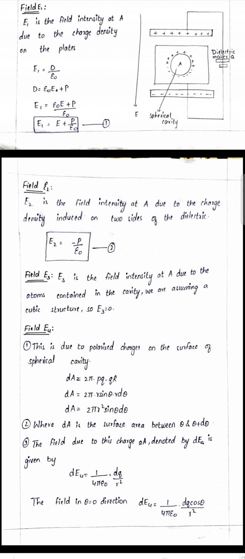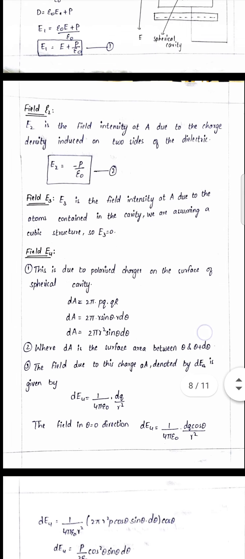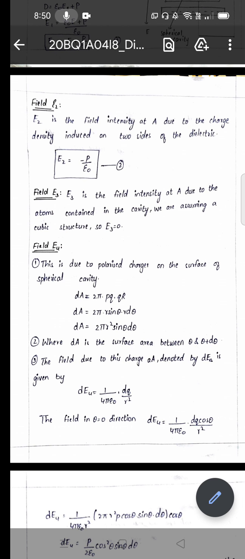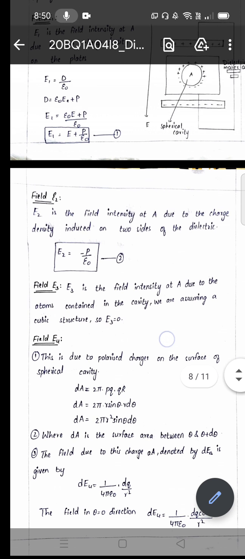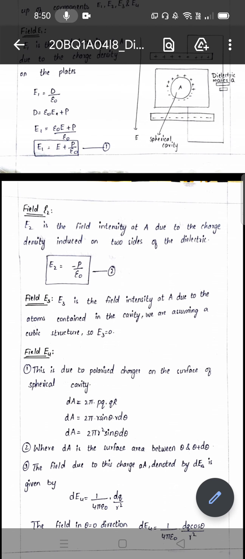This is on the surface of the spherical cavity. So to solve it, I am taking a small area dA equal to 2 pi r sin theta into r d theta. By solving it, we get dA is equal to 2 pi r square sin theta d theta, where dA is the surface area between theta and theta plus d theta.